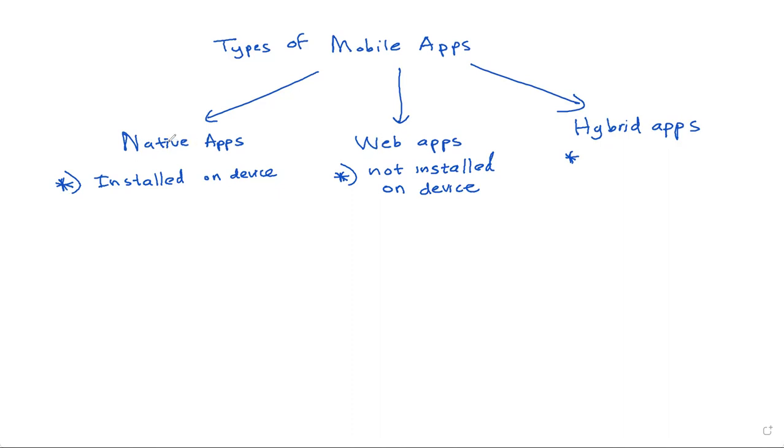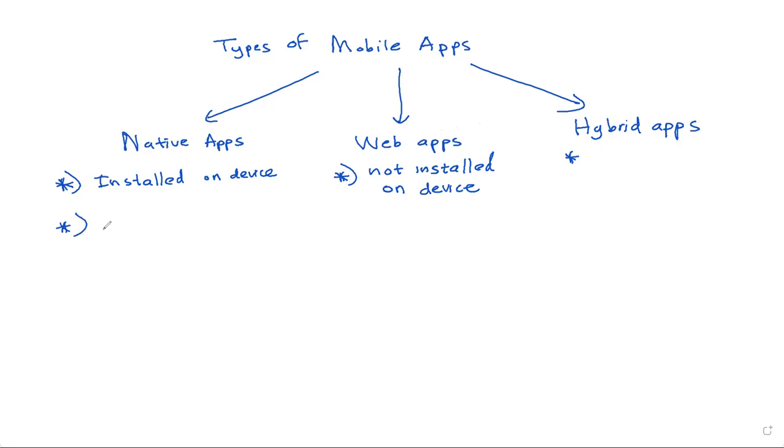So native apps are apps which we install on the mobile device itself, and we use those apps on the device. Whereas in web apps, we do not need to install any app on the device. We will reach the resources available at the web URL and access them using the web browser, right? So the difference is that in native apps we have all the resources in the device itself.